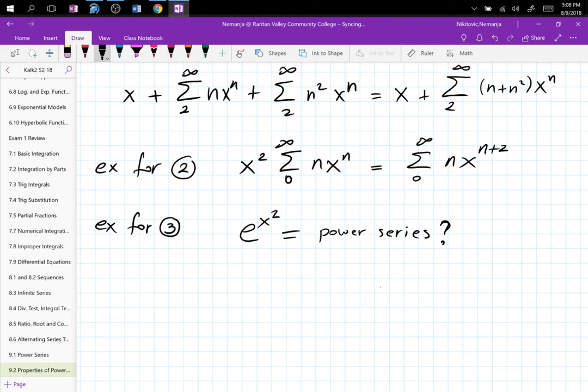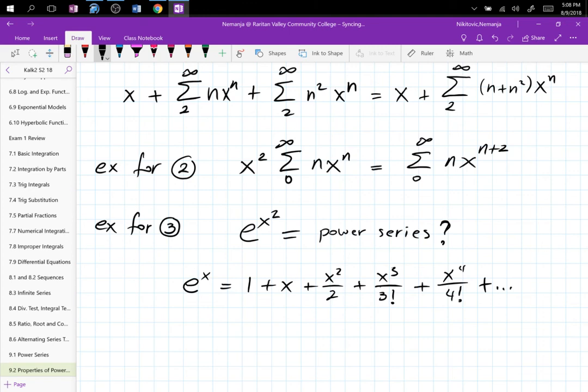Well, those of you who did work at home, you know that e to the x is given as 1 plus x plus x squared over 2 factorial plus x cubed over 3 factorial plus x to the 4th over 4 factorial plus going forever. So you know this.